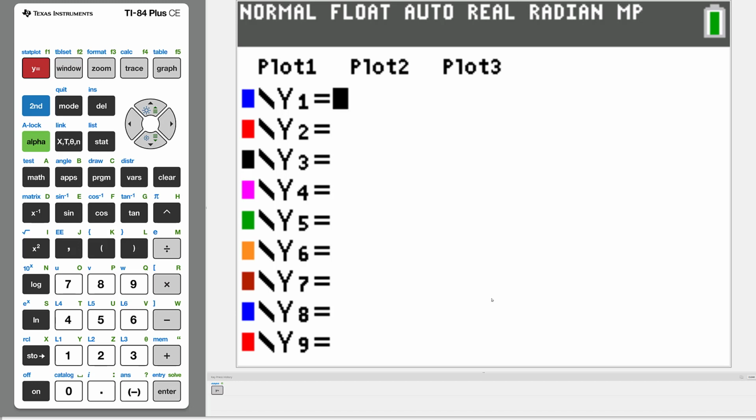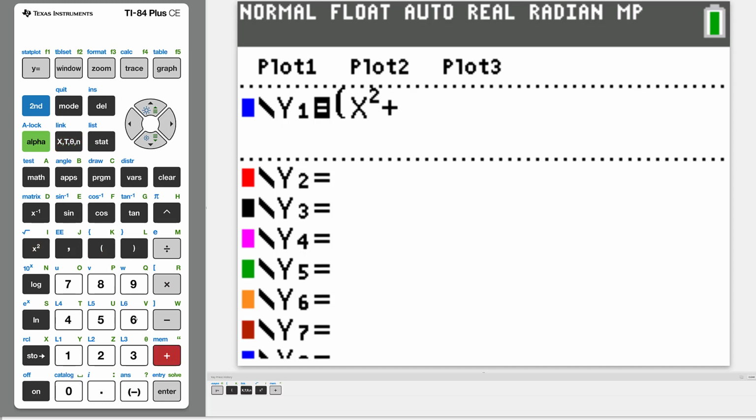I think that's probably the most useful depiction here. So the numerator was x squared plus 6x plus 5. So we'll put that in. And those have to be encased in parentheses or the calculator is not going to digest it correctly. And then the denominator was 2x squared plus 7x plus 5.